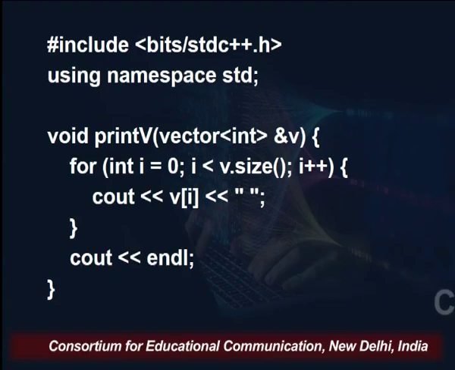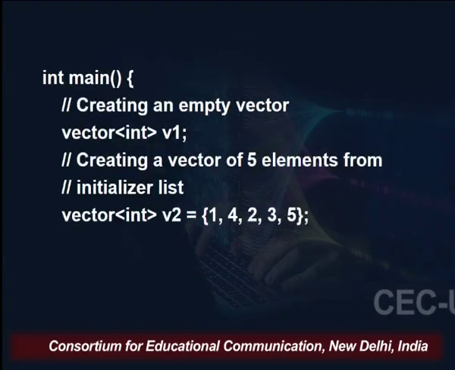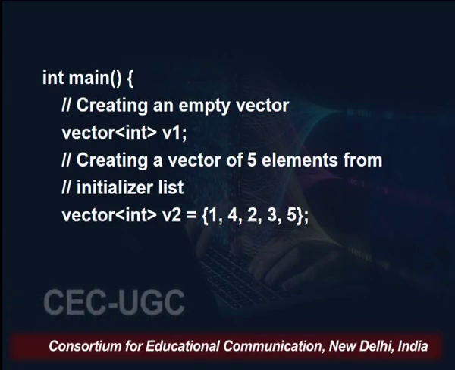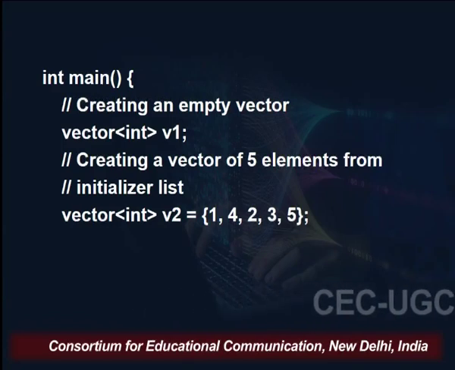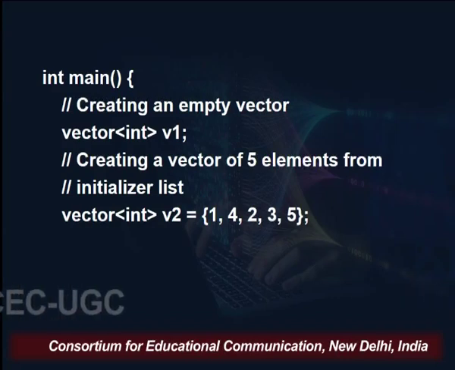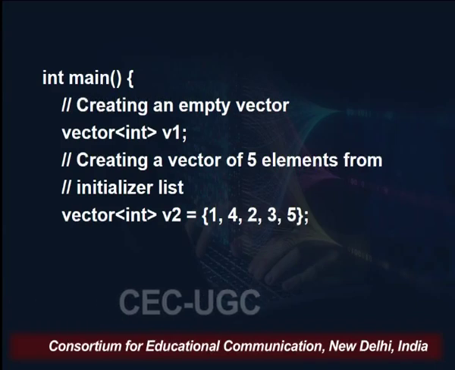Now we need to initialize that vector first. In order to initialize that vector, we are using the way of initializer list, which we are describing presently. Within that main function, first of all we have created an empty vector, and how to create an empty vector, we have seen in our previous lecture.